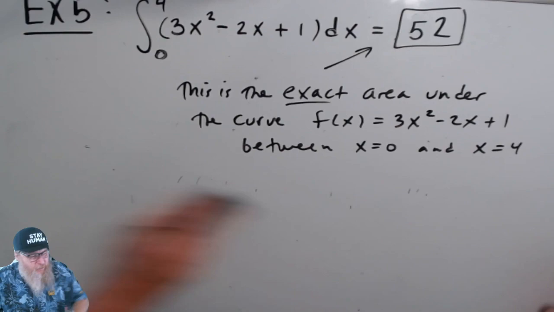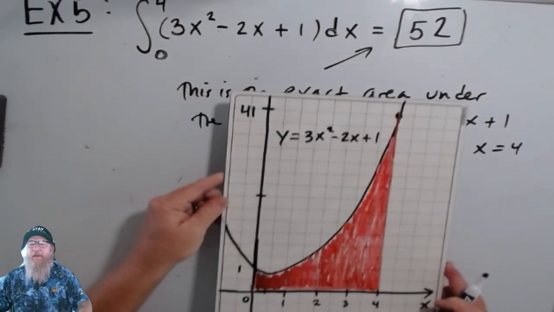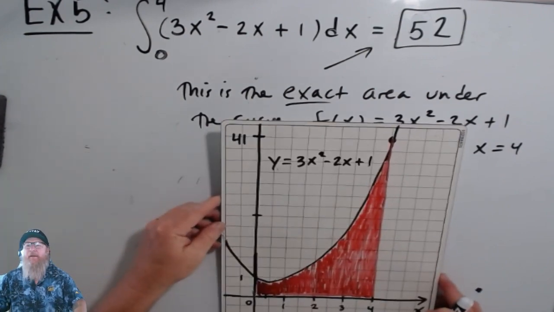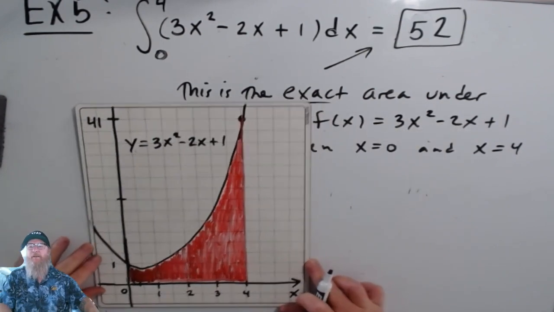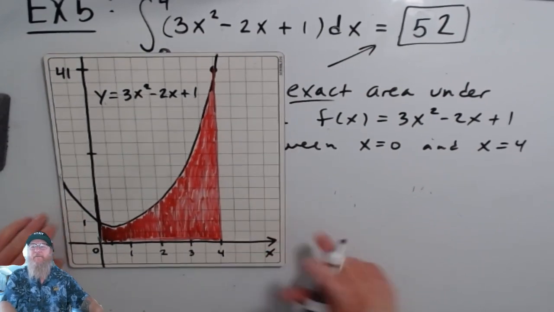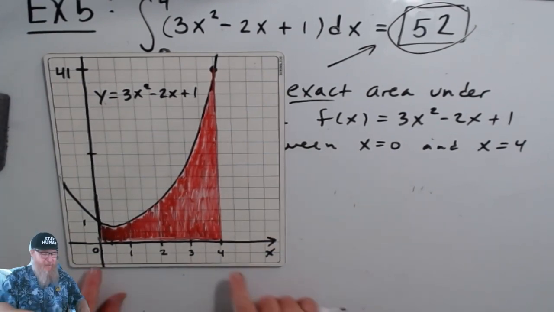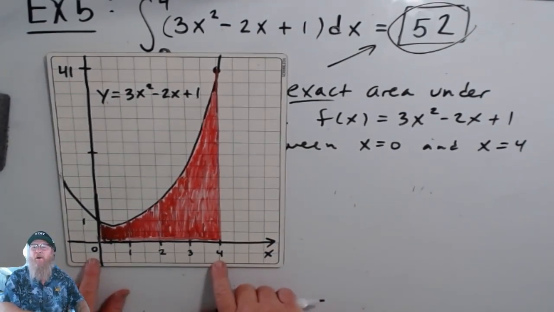And I drew a pretty good graph. It's not to scale. The y values are not to scale, but this is what the 52 represents. It represents the shaded area between 0 and 4.